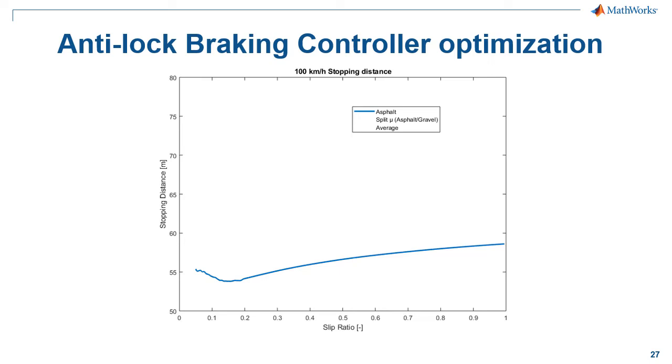As we can see, there's a minima in this area right here, in between 0.1 and 0.2. The blue line is for the stopping distance on asphalt, in other words, tarmac. Let's have a look at the same situation but with split mu. Two wheels on asphalt and two wheels on gravel.